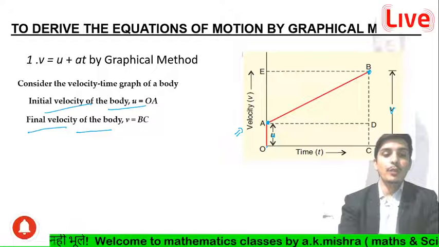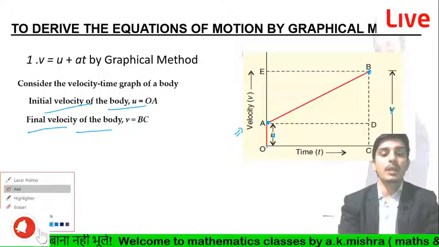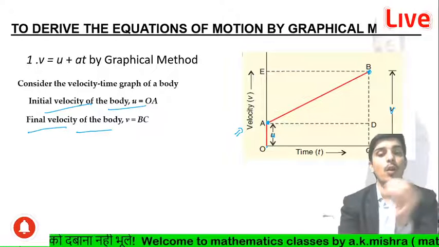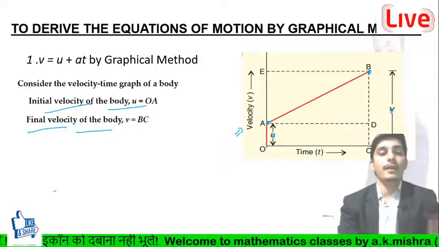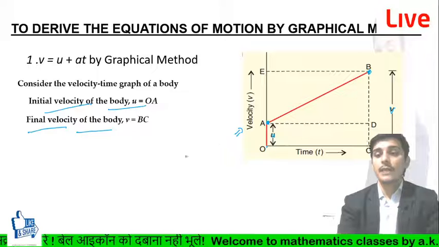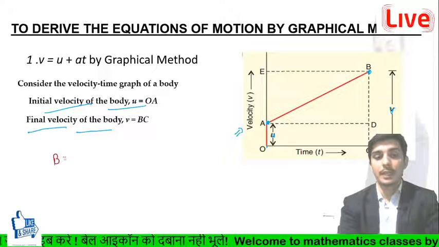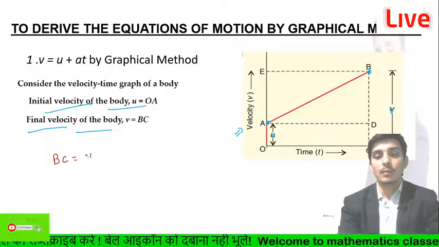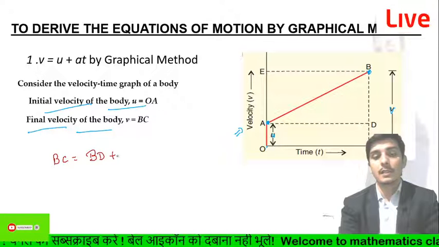Now I am going to derive this equation. This is a very simple derivation if you know the concept. First of all we can write BC equal to BD plus CD.